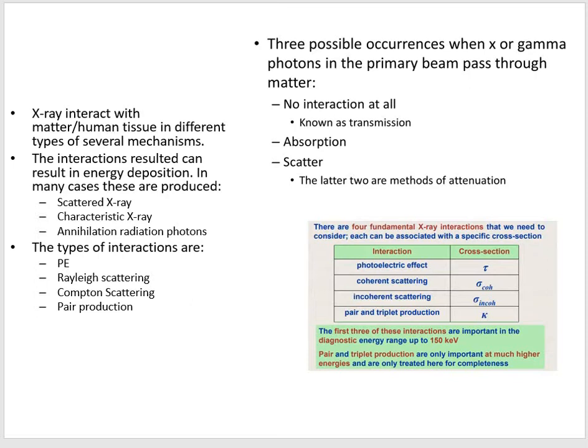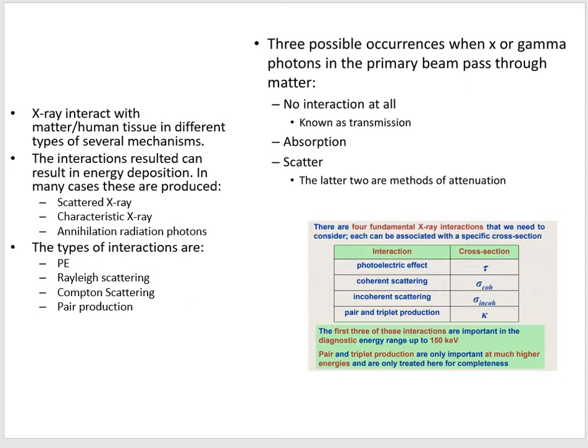Of course, in our case here, we don't consider annihilation because we are working only up to Compton scattering. When X-ray or gamma photons interact as a beam through a bulk of media, there are only three possible outcomes. One, there will be no interaction. All photons are transmitted through the media.